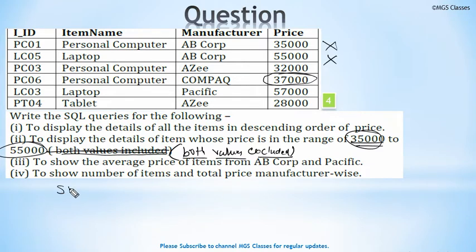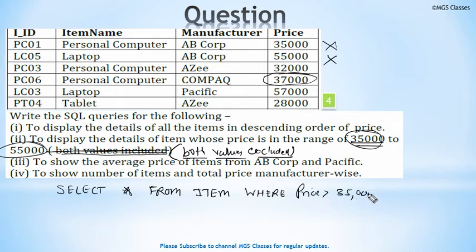Then how will you write the query? I am just writing this for your understanding, otherwise the question is not asking this. Select star from item where price greater than 35,000 and price less than 55,000.